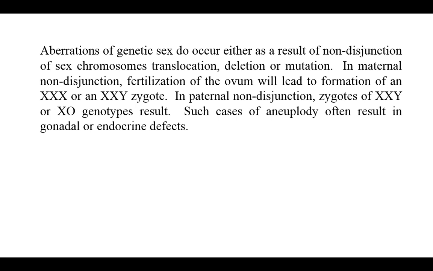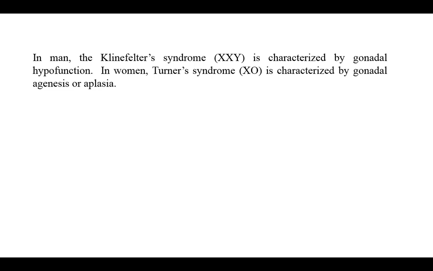Such cases of aneuploidy often result in gonadal or endocrine defects. In man, the Klinefelter syndrome XXY is characterized by gonadal hypofunction. In women, Turner syndrome XO is characterized by gonadal agenesis or aplasia.